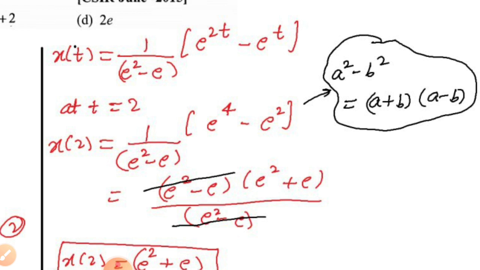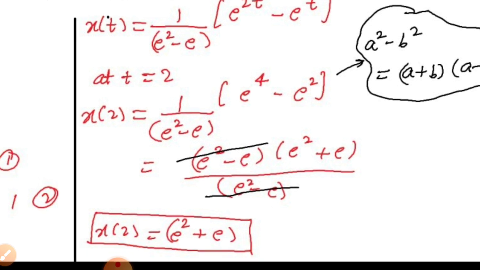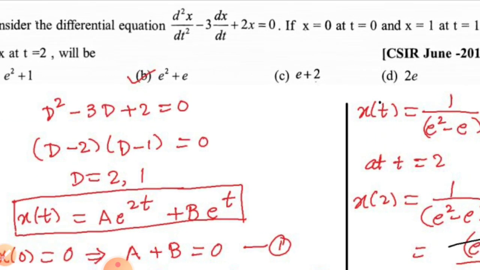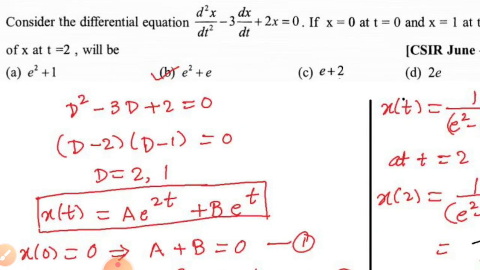So we will have (e square minus e) into (e square plus e) upon (e square minus e). The (e square minus e) from the denominator and numerator can be struck out. So we will have our desired result x(2) as e square plus e. So the solution of this equation will be e square plus e.